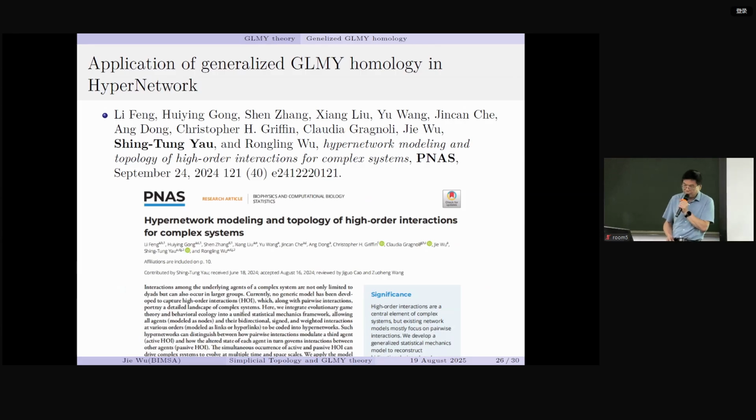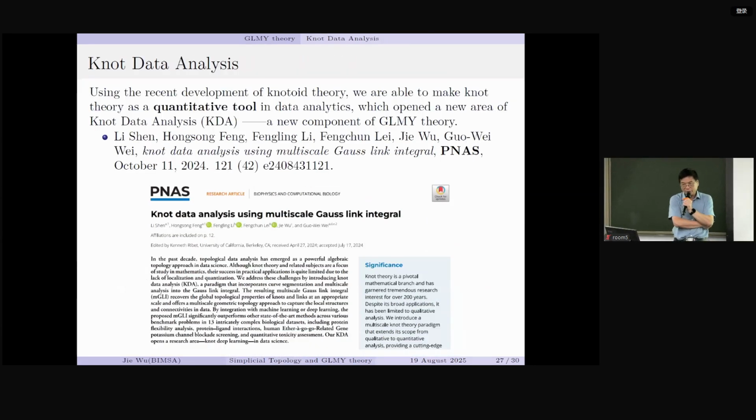Now there are some more things we are doing. Our theory of applied topology is not narrowed down to algebraic topology. We can extend it to lower dimensional topology. Recently, as a part of GLMY theory, we extended it to knot theory.